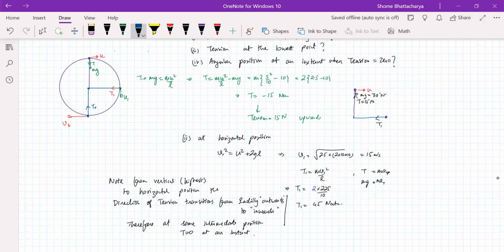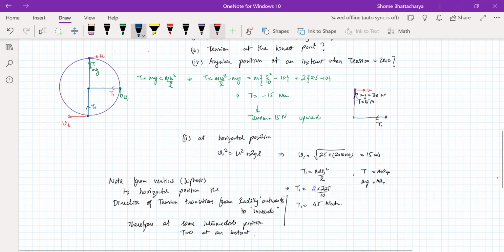So 105. Okay. Just check the value. What is the weight? The weight is 20 newtons. So yeah, it will be more than 100 definitely, but less than 6 times the weight.